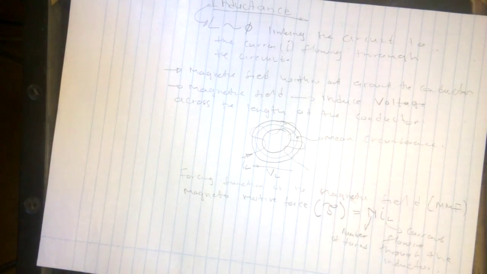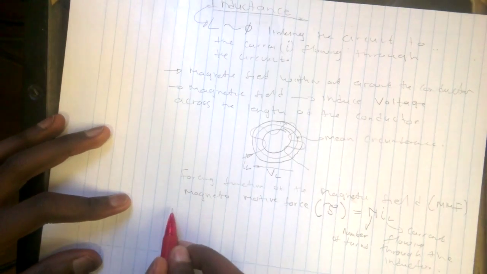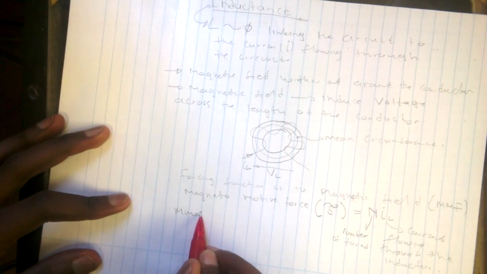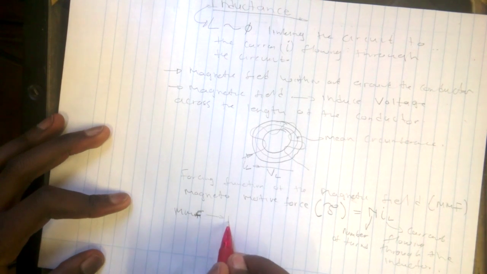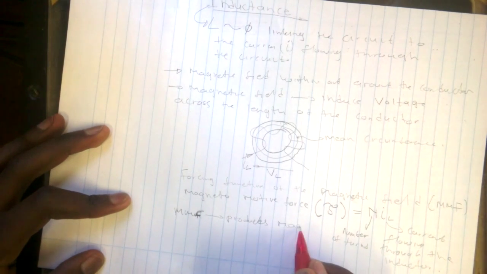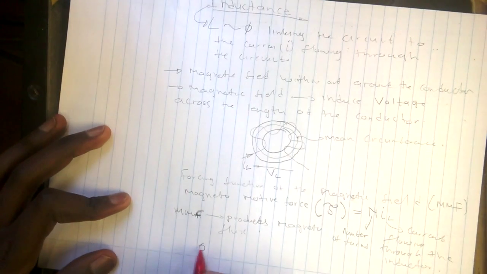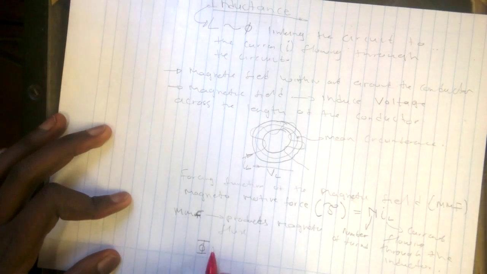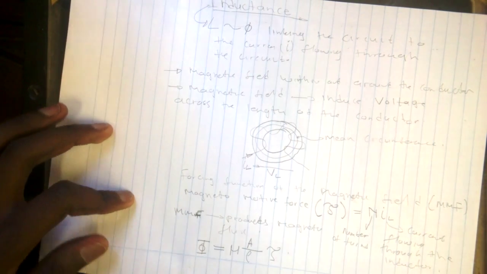So you must also know that the MMF, which is the magnetomotive force, produces magnetic flux. Therefore, the formula of the magnetic flux is equal to permeability of the core material, area, length, magnetomotive force.